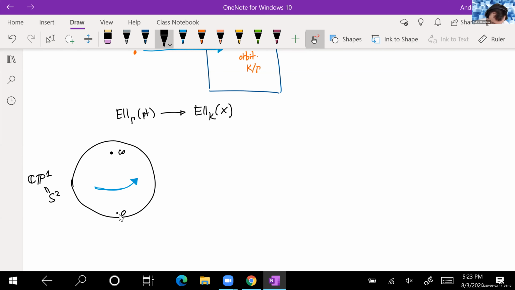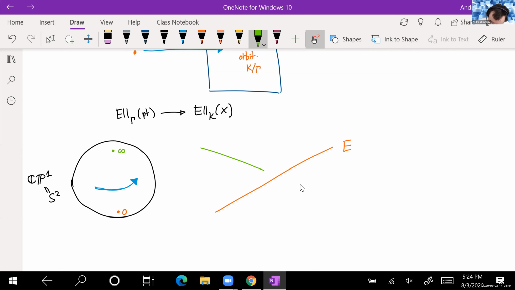What's it going to look like? It has two fixed points. For every one of them, I'm going to get a copy of the elliptic curve. Maybe I'll draw them in different colors. If it has a red point, which is 0, it's a fixed point, and for this I'm going to get a copy of the elliptic curve, E itself. And then I have another point, which I'll draw green.